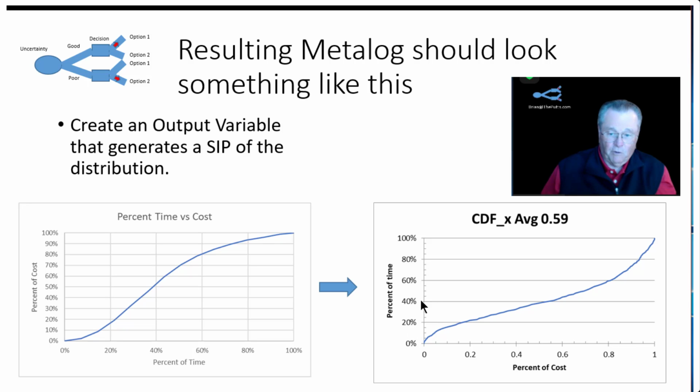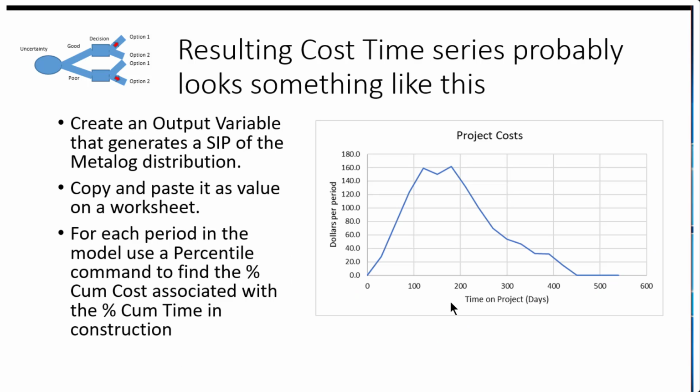So we'll come up here to 40%, and that would say at 40% of the project I've spent, call it 55% of my money. So this is the way it'll look when you actually get the distribution from the Metalog distribution. And then the resulting time series will probably look something like this, which I've already shown you.